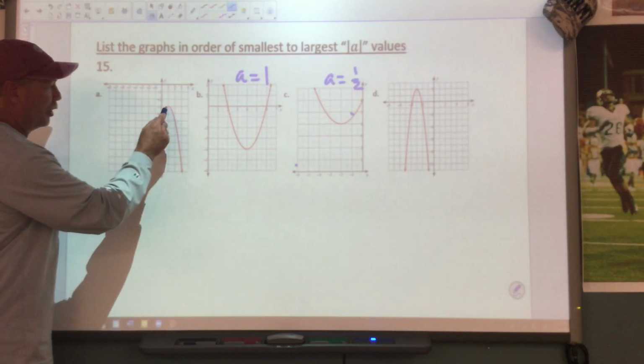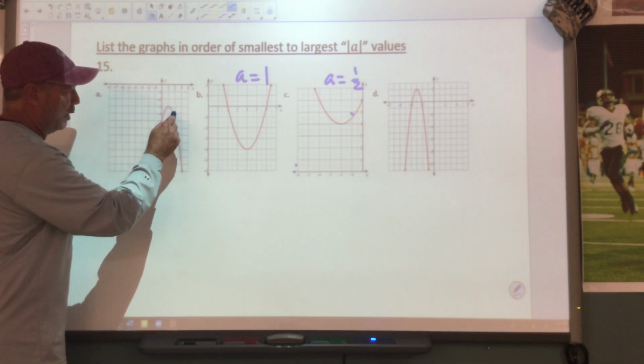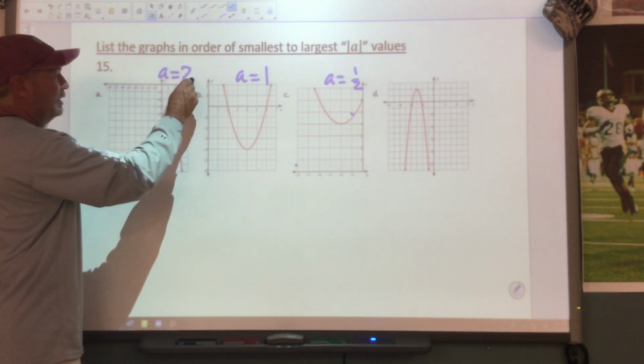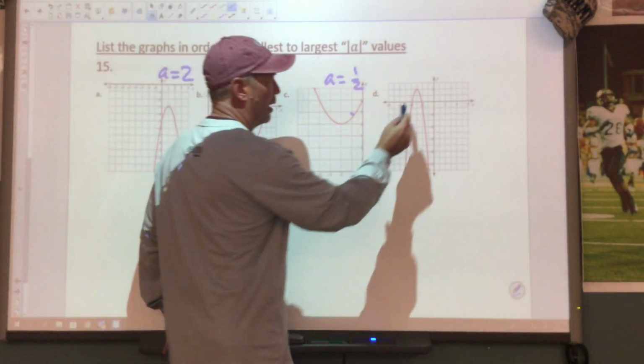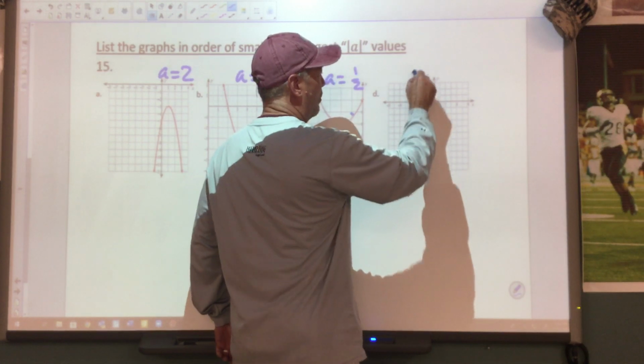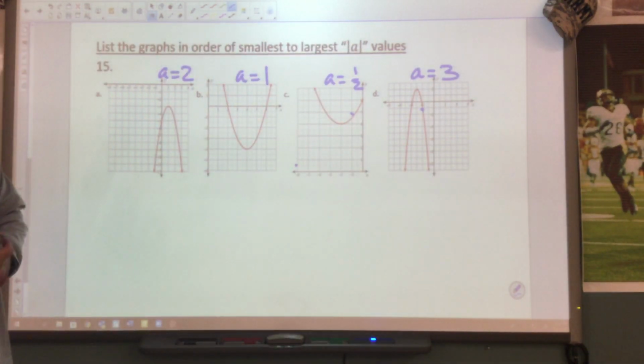Here, I'm going to go over 1. Instead of going up 1, I go over 1 and down 2. So my A value is a 2 here. Over 1, down 1, 2, 3. My A value is 3 here. So where's your smallest A value?